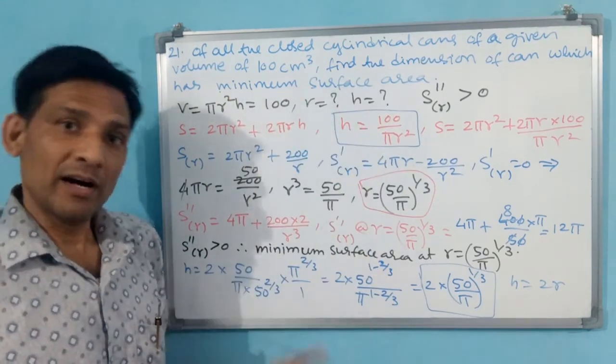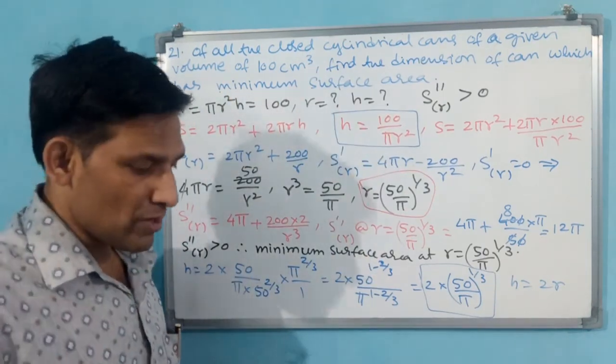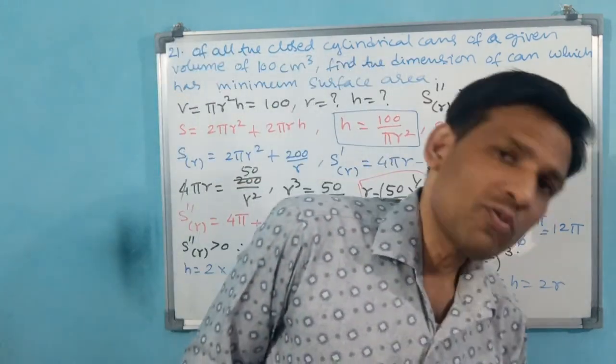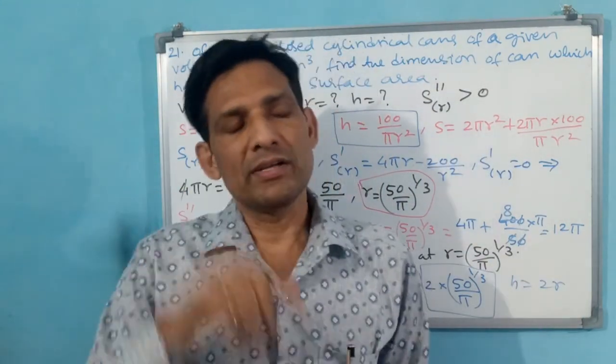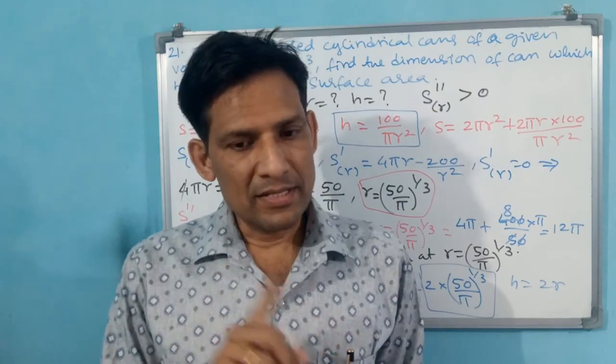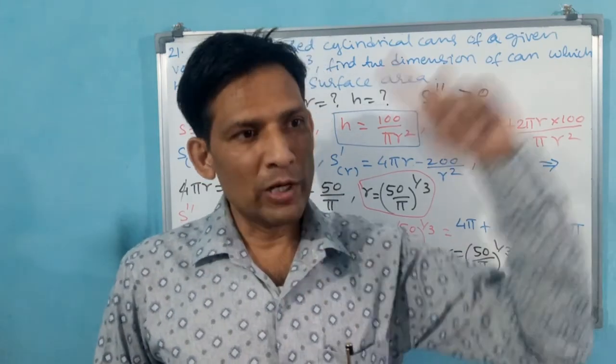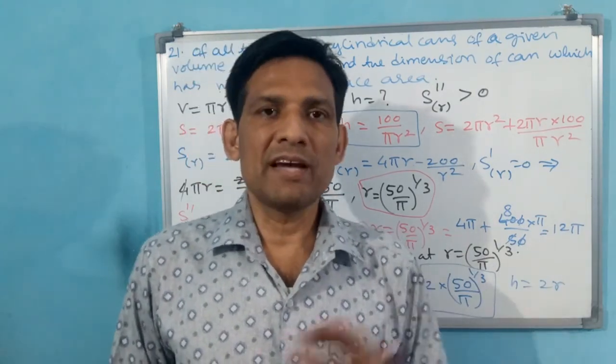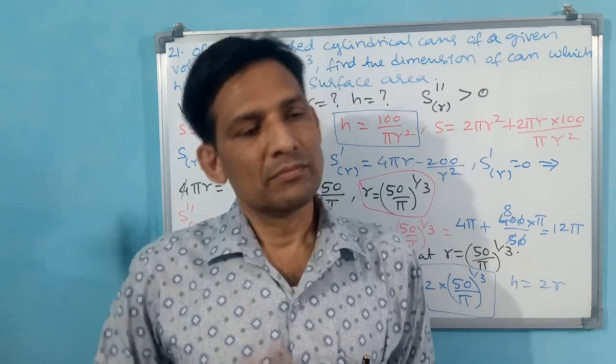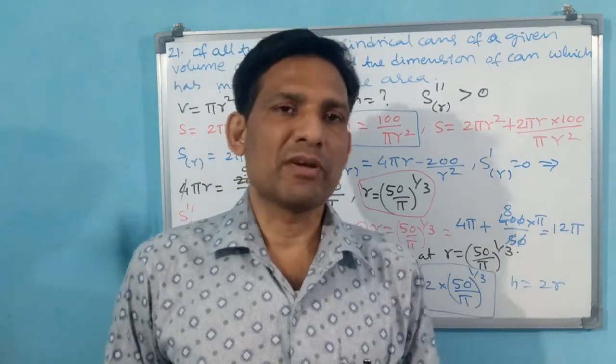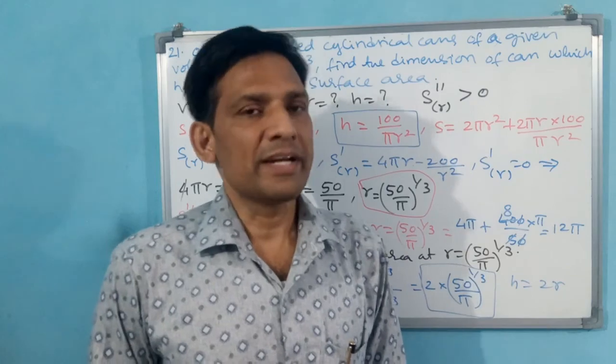For objective type questions also, without doing any brain work, directly you can write that if height is double the radius, then volume will be maximum and surface area will be minimum.